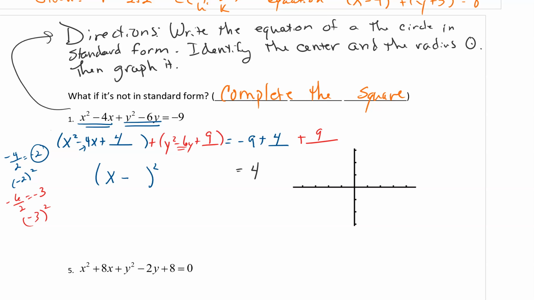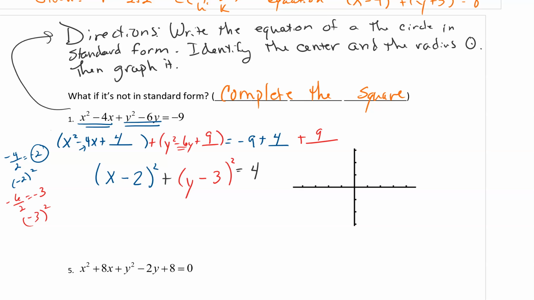Remember that negative 2 there? That's what goes in here. Then we're going to go plus, and then we're going to put in our other value here. We're going to go y, and it's going to be minus 3. And that's going to be squared. And you have to have the squareds there or you do not have a circle. So be very careful not to drop those values or it will be considered wrong.